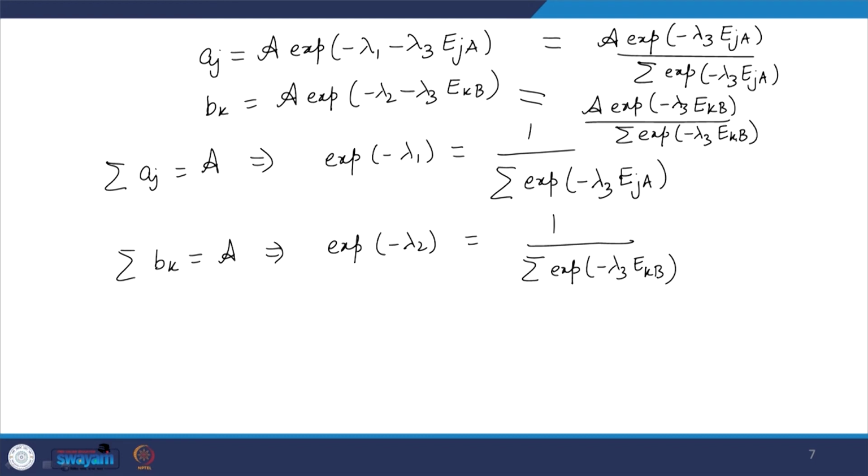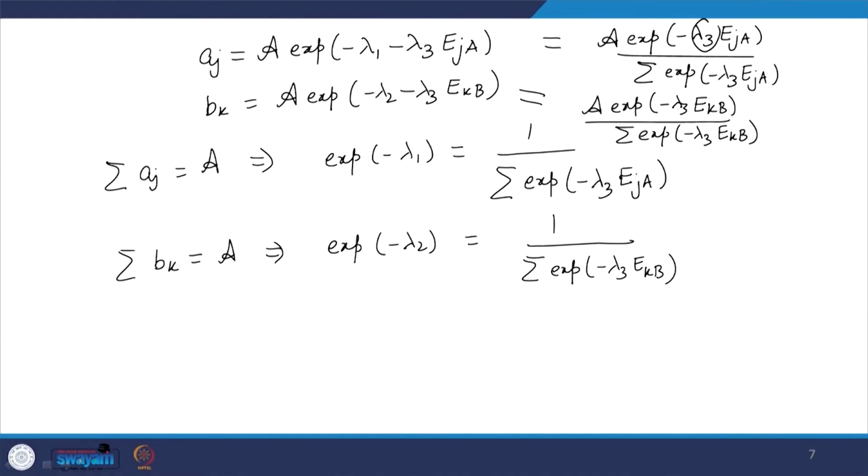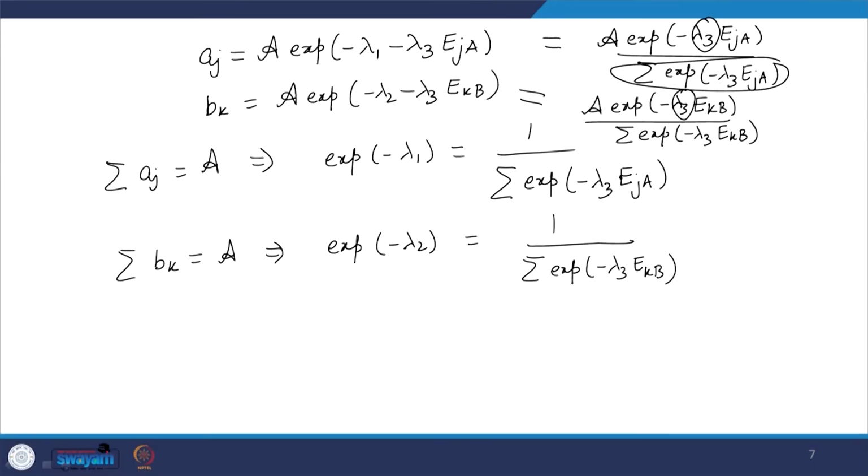So, if I look at this particular expression here, we notice something, that this Lagrange multiplier is the same in both these equations, right, and the denominator is similar to the partition function we defined earlier, but now the partition function is different for systems A and for systems B.